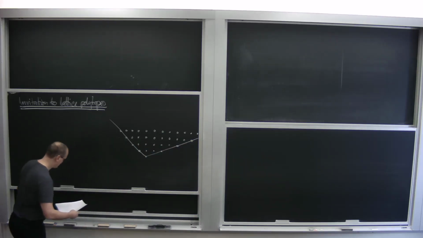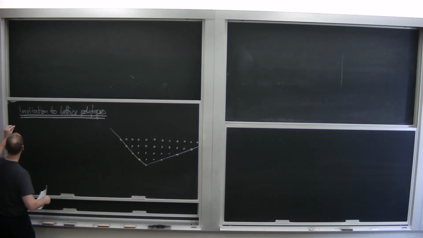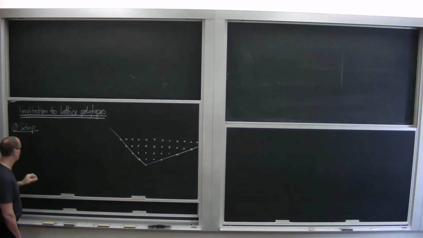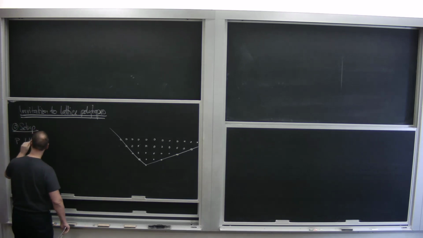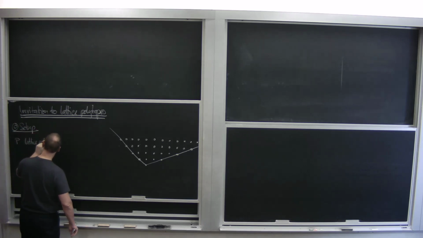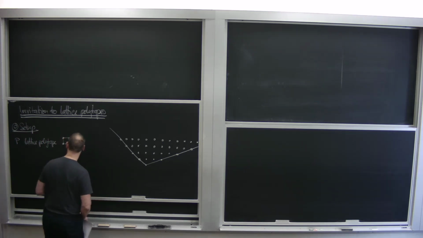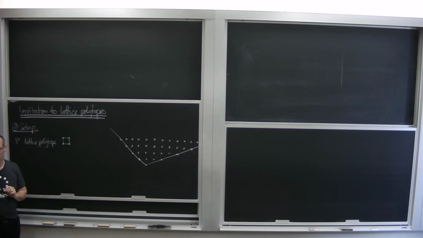So here's my invitation to lattice polytopes. I have a chapter 0, which is a setup. Capital P for me always is the lattice polytope. Which is: take integer valued points, which I call lattice points, a bunch of them, and you take the convex hull.